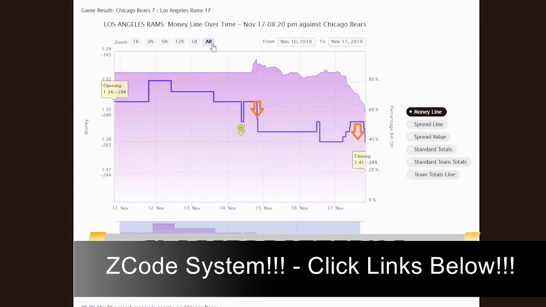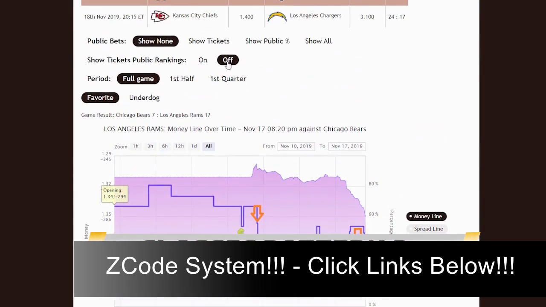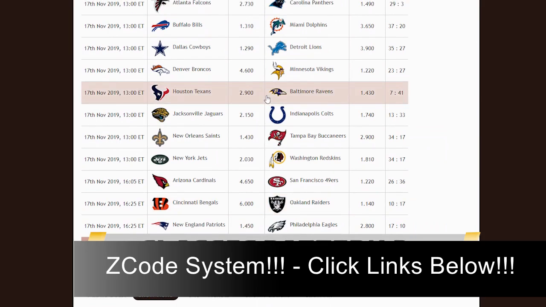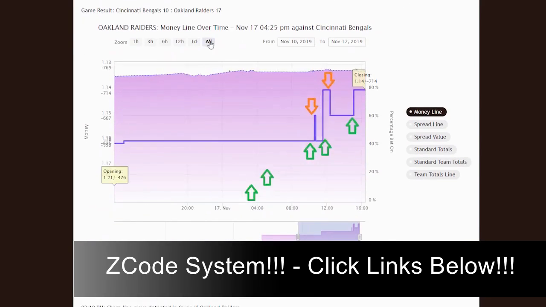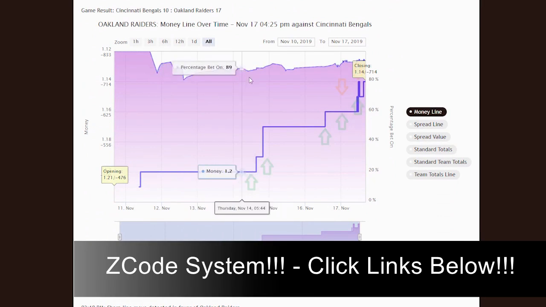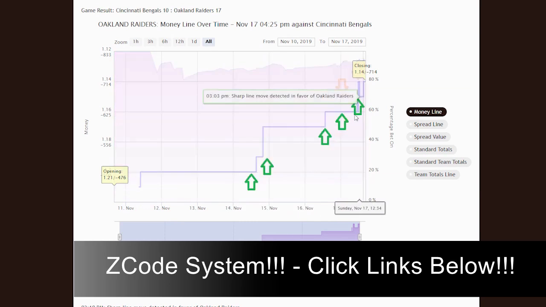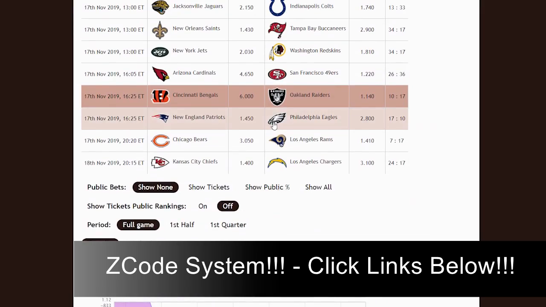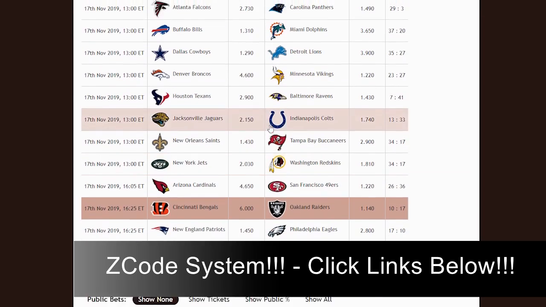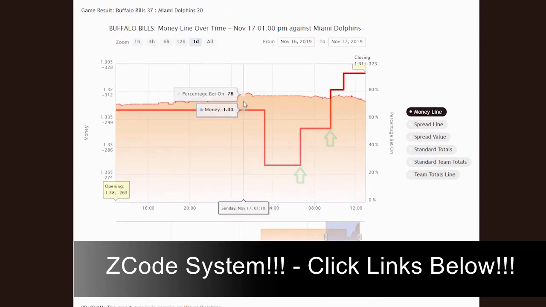The classic pattern number 2, move in favor of the favorite. The classic example of the same day is the Cincinnati Bengals at the Oakland Raiders. You can see how the majority of the public bet on the favorite, the Raiders. The line moved in their direction the whole day without any reversals, and the Raiders easily won. Another example of the same pattern from the same day is the Buffalo Bills versus the Miami Dolphins.